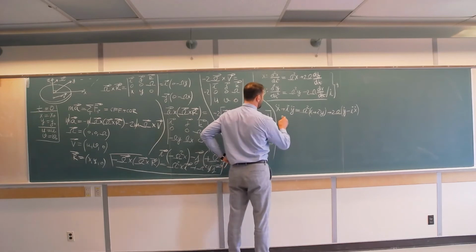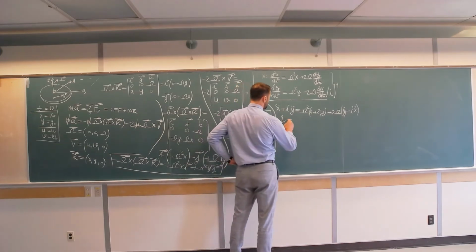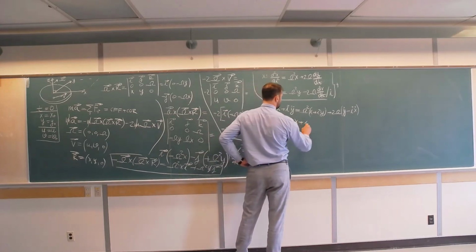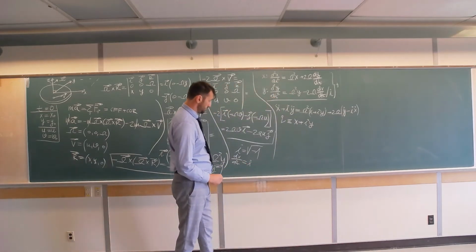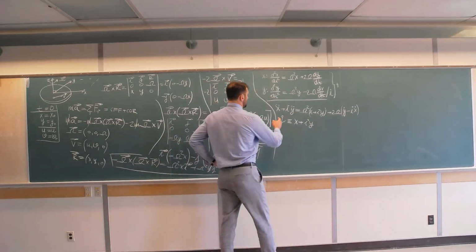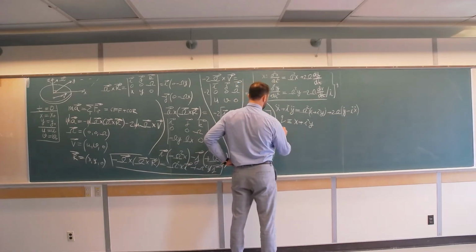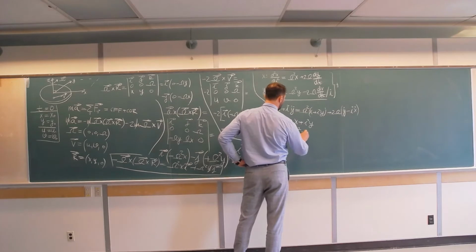I will say there is some variable q that is identically equal to x plus iy. Okay, then this term over here becomes q 2 dots, equals, this becomes omega squared q.